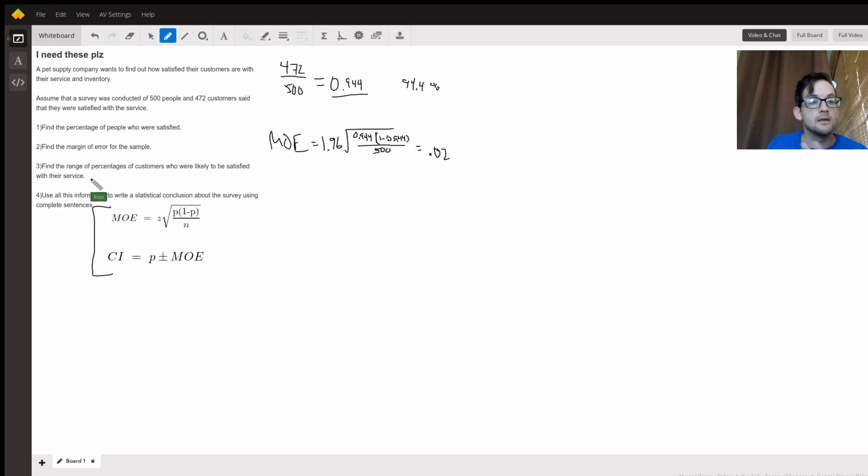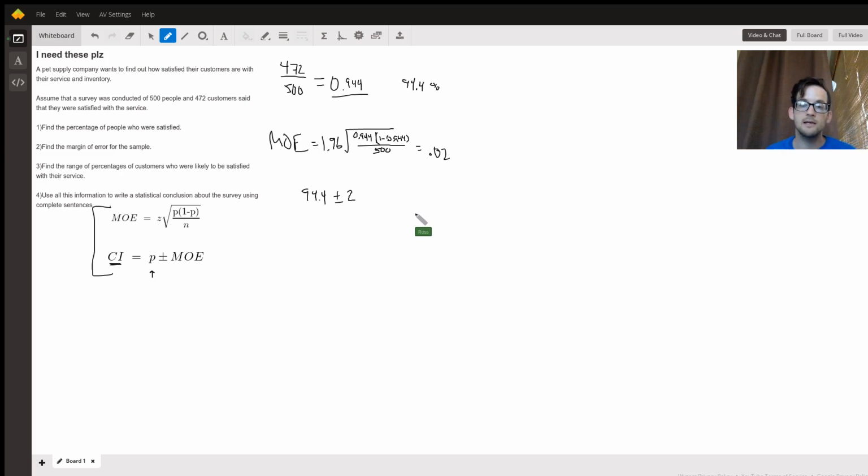And so to find that, number 3, finding this range, you're going to find what's called the confidence interval, the CI. So you're going to take the sample proportion you got, that percentage, that's our 94.4, and you are going to, plus or minus, add and subtract separately the margin of error you found. So that's this 0.02, or excuse me, since we're talking percentages now, that's just going to be 2%.